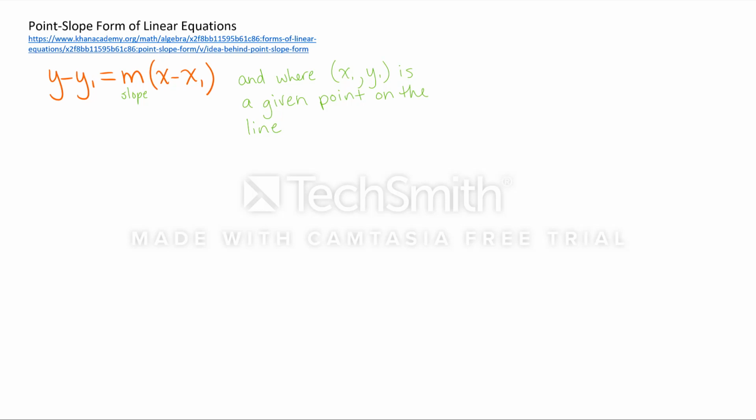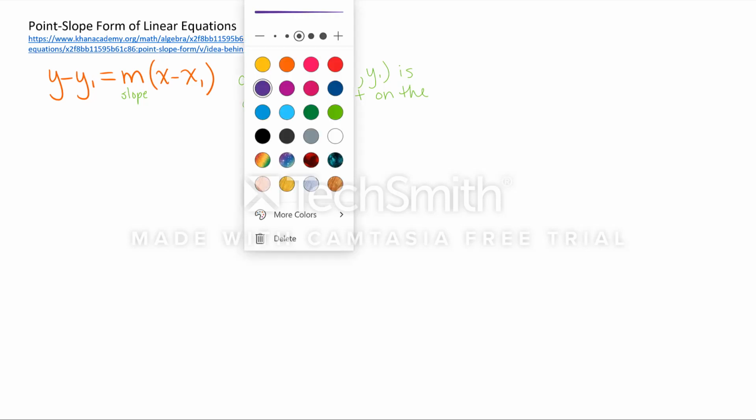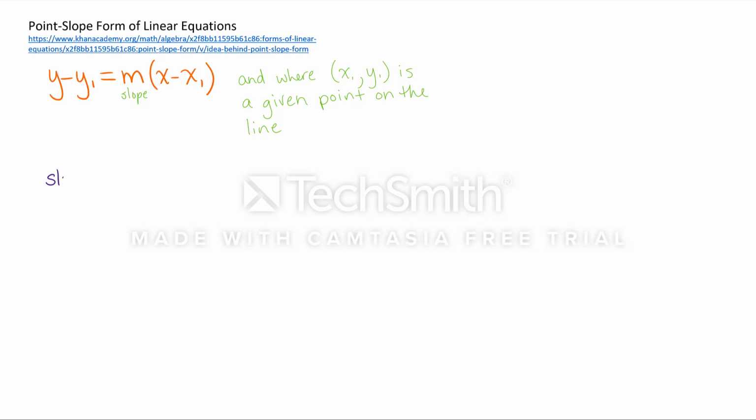Okay, so for example, if I want to write an equation for a line with a given slope of -1/2, and a point at, let's say, (-3, 4), I can use my point-slope form to do that. We learned earlier today, or yesterday, I'm sorry, how to use the slope-intercept form to write the equation given the slope and any point on the line. But this is just another form that we can use. And so to use this, we're going to keep our y variable, but when we say minus y1, we're going to use the y1 from the point.